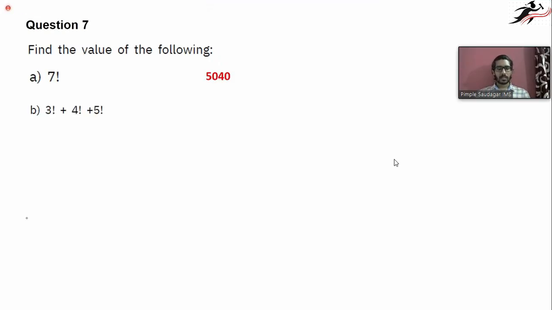3 factorial is 6, 4 factorial is 24, 5 factorial is 120. Add all of them. 6 plus 24 plus 120, that is 150, correct? How about this? So that's 1 into 1 into 2 into 6. 1, 1, 2, 6.